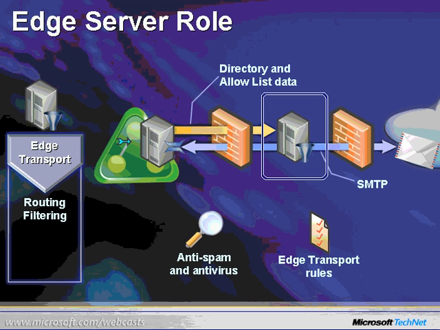The Edge transport must sit on a server by itself, and it sits in the DMZ, not a part of your domain, although it could be a member of a DMZ type domain, as I mentioned earlier, for management of DMZ-based servers. But it is not going to be part of your production forest, a part of your production Exchange org.